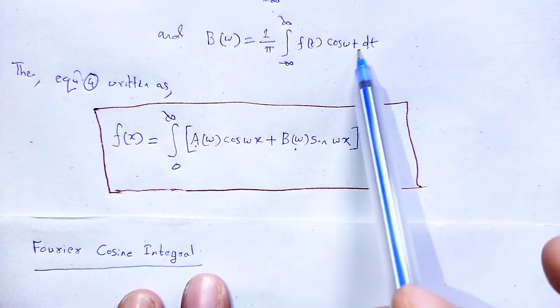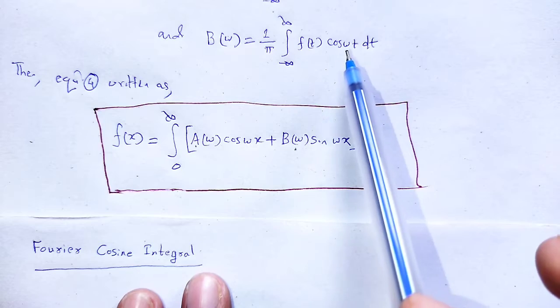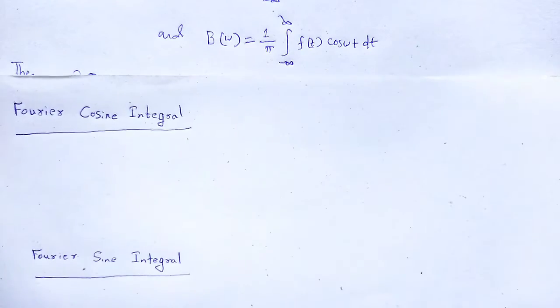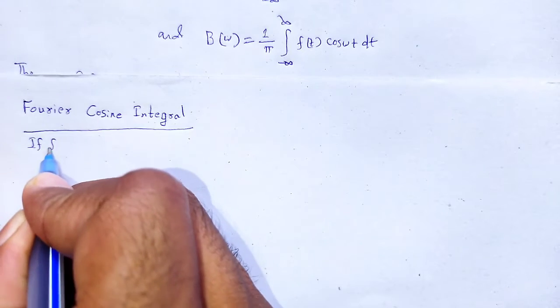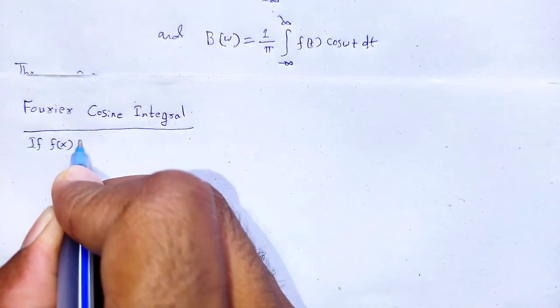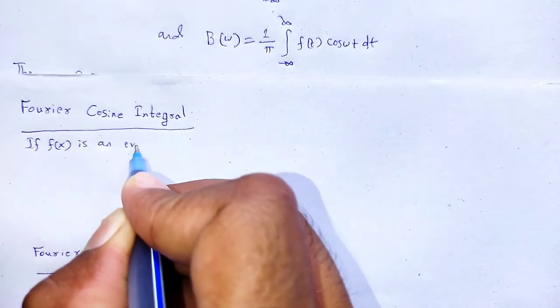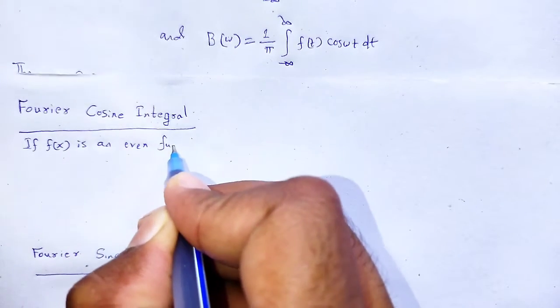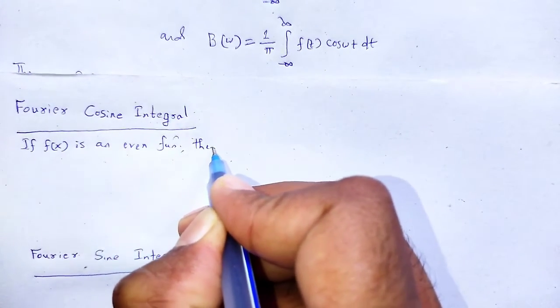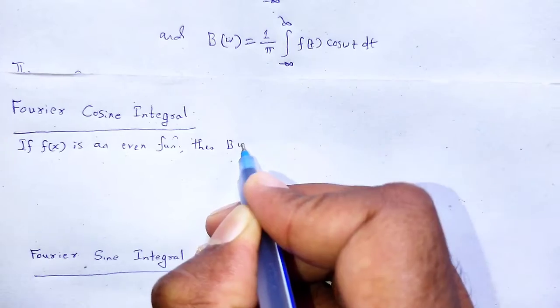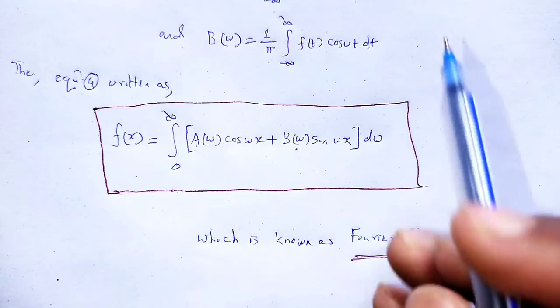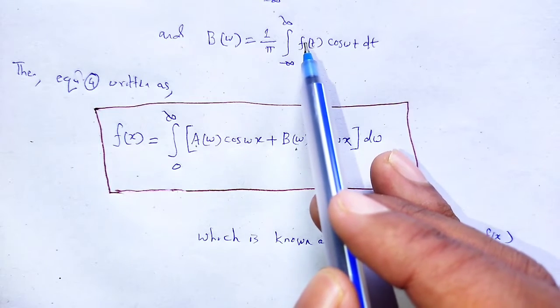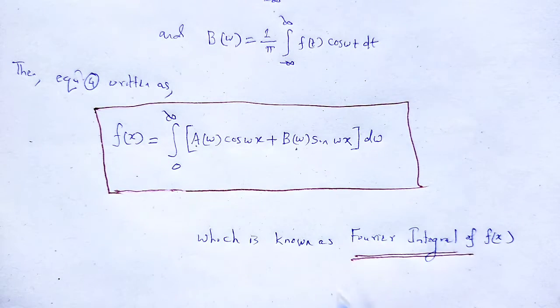For an even function, that integral will be 0, but a of omega exists.